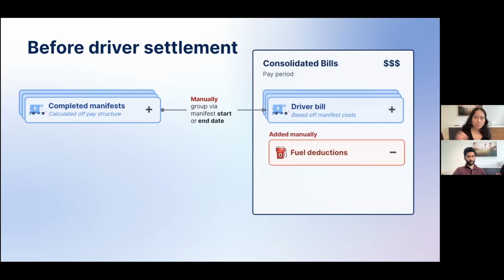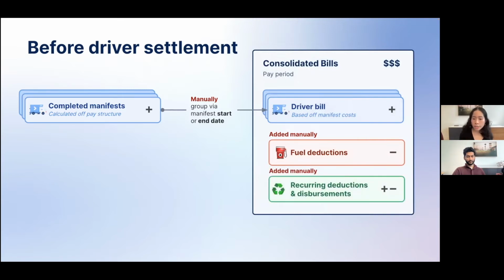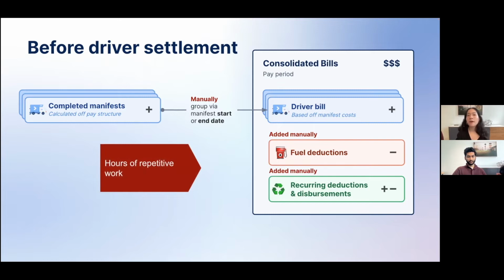Then add fuel deductions manually, especially for those who work with owner operators who use a fuel card, and you have to charge back fuel purchases onto their pay. And finally, also recurring deductions, also very popular with those who work with owner operators. And that was how carriers would get to the final number, how much they would pay drivers, and repeat that across all of the drivers in the system. So it was definitely not a quick and easy process. It was a lot of repetitive work.